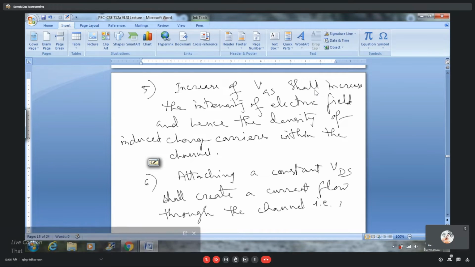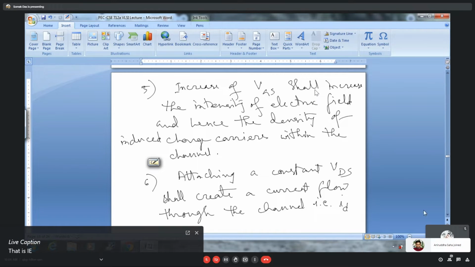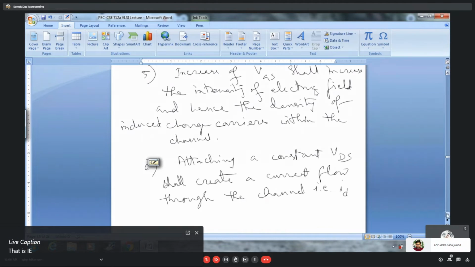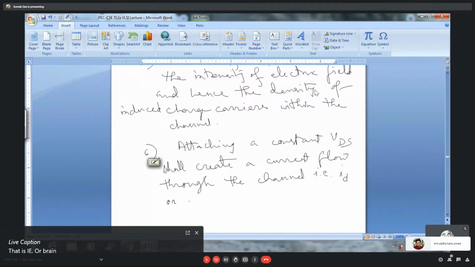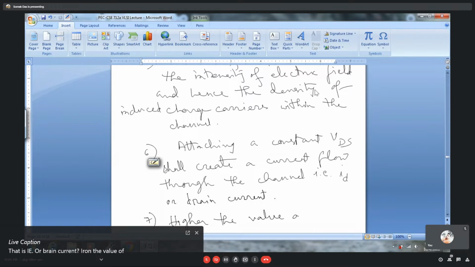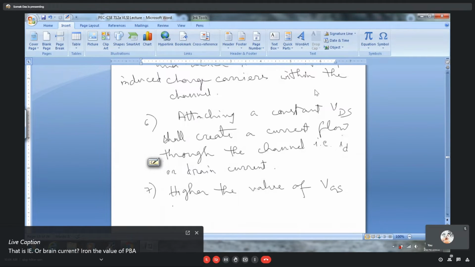That is ID or drain current. Higher the value of VGS, higher shall be ID.